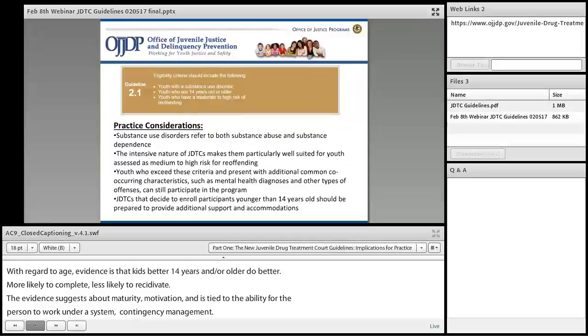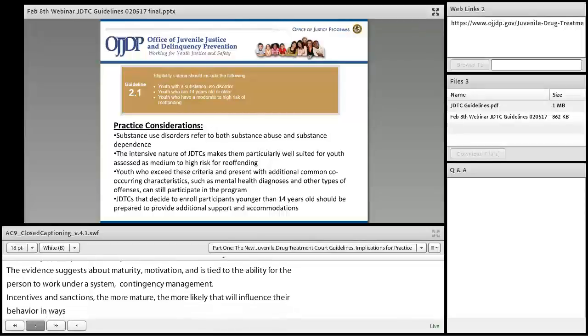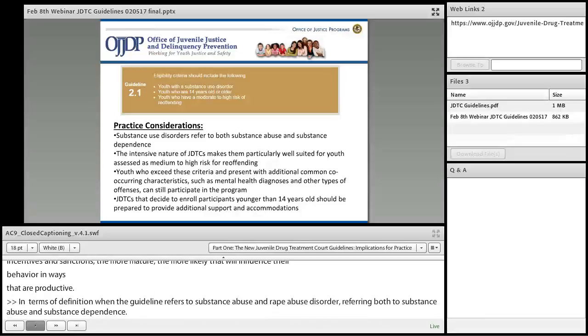So this is the guideline from which we probably heard the greatest hue and cry from the field. Just in terms of definitions, when the guideline refers to substance abuse or use disorders, it's referring both to substance abuse and substance dependence. And as Roger said, the intensity of the juvenile drug court program makes older youth and youth who are a medium to high risk for reoffending particularly well suited for the drug court intervention.